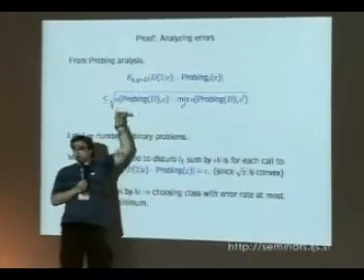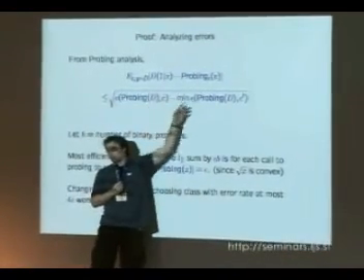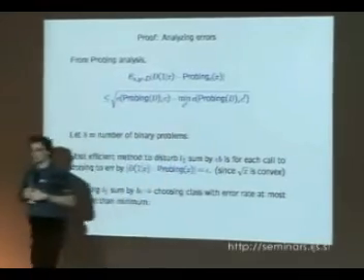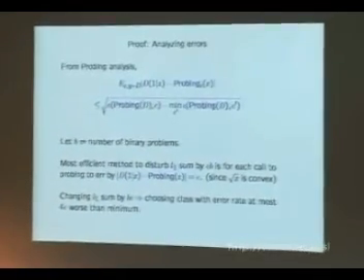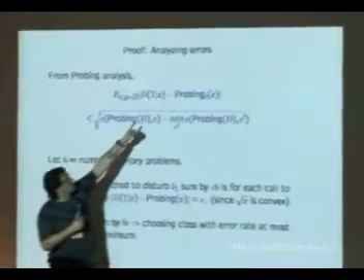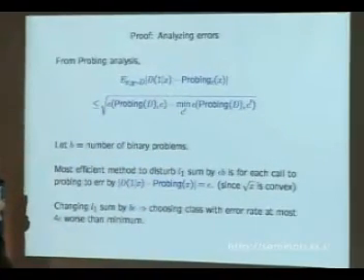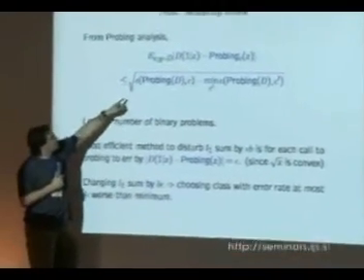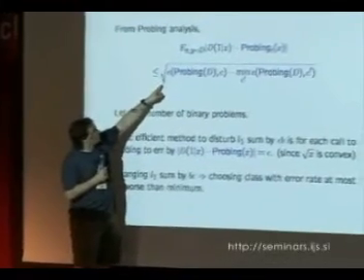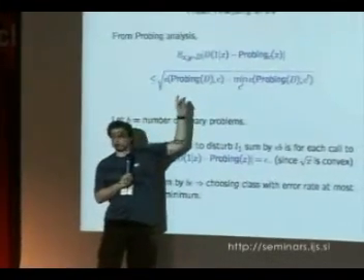So we can take a square root of both sides. We can push the square root through the expectation, then we get this statement. So it says that the difference between our probability estimate and the true probability is bounded by the square root of the binary regret.